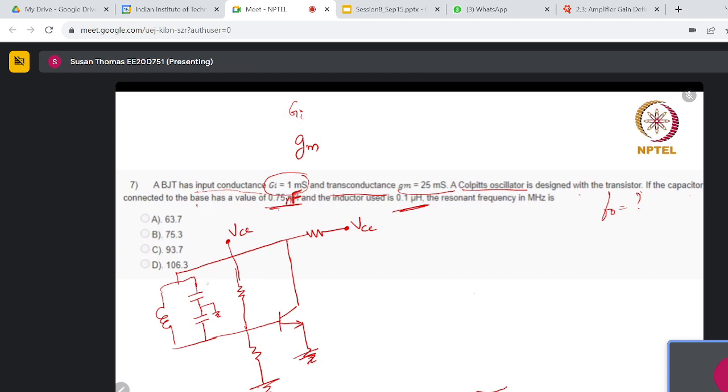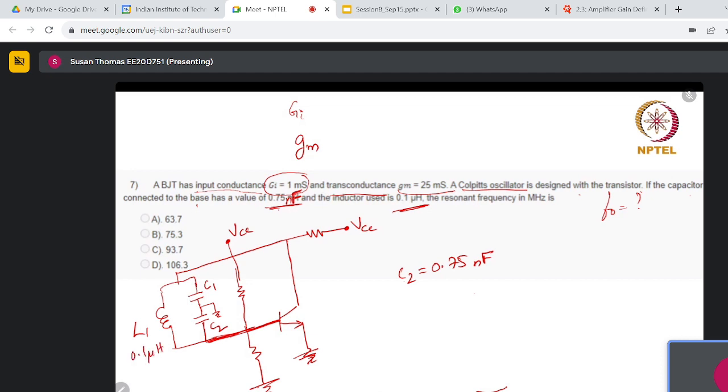So you have C1 and C2 here. This C2, which is connected to the base of the transistor, is given in the question as 0.75 nanofarad. And the L1 is mentioned as 0.1 microhenry.